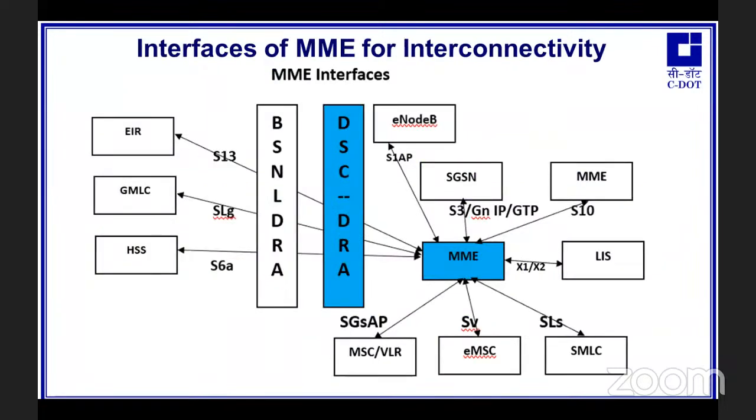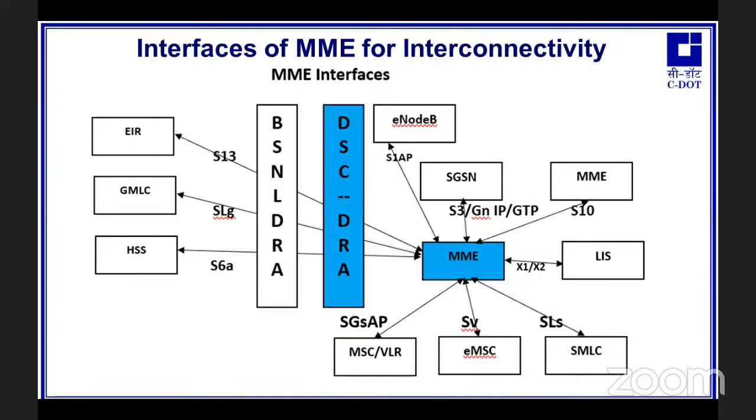Now come to the next node, the MME. If you check, MME is connected to different BSNL nodes. Some of the nodes are via diameter, some via different interfaces other than diameter. From the top right side, MME can be connected to another MME over the S10 interface.